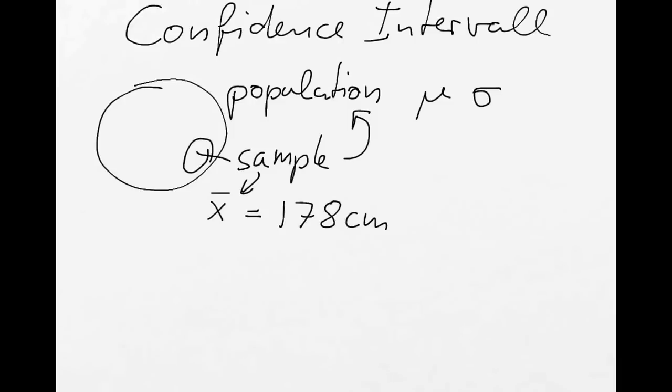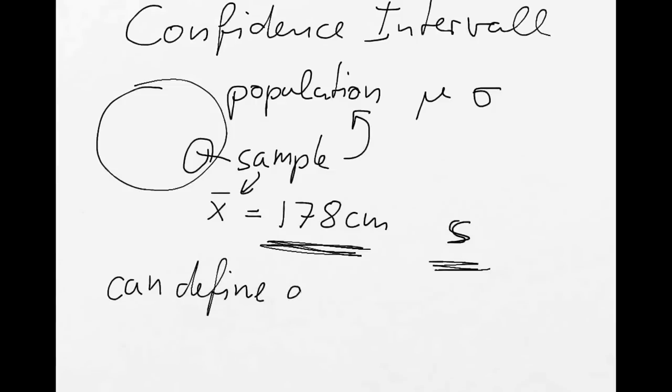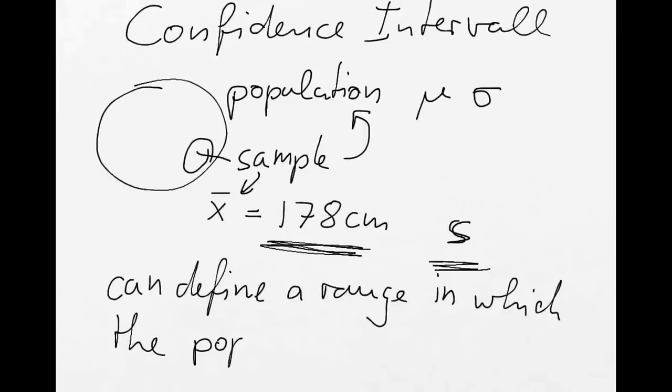What statisticians usually do is say, right, from this sample mean and the associated standard deviation, I can define a range in which the population mean can be found.